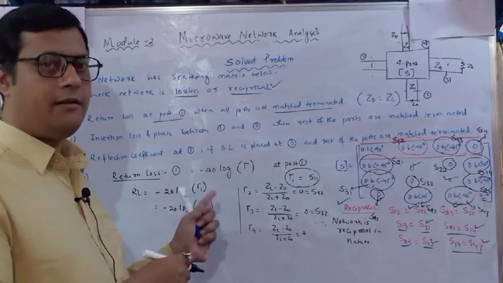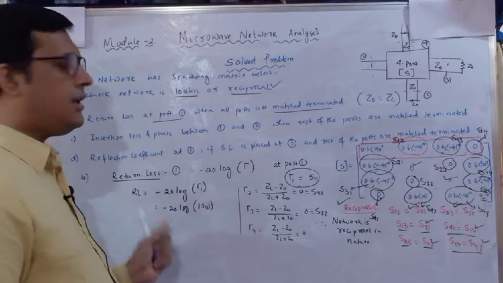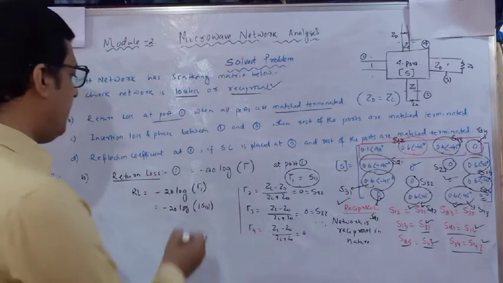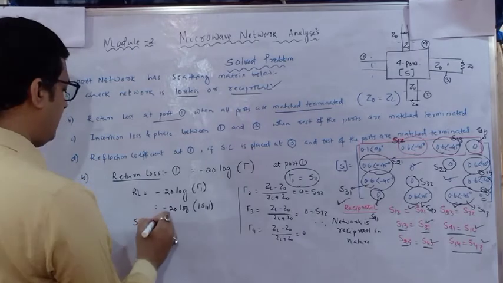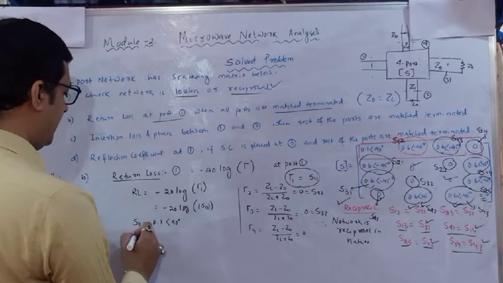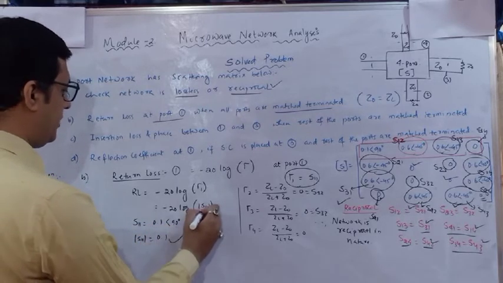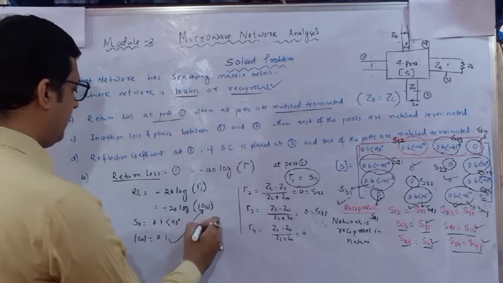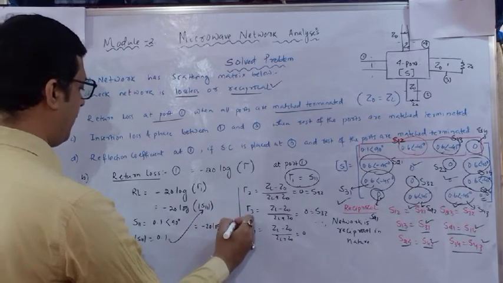So it is actually minus 10 log of something, so that square will come as minus 20 log. So in place of S11 you can substitute the value. S11 is equal to 0.1 angle 90 degrees. So mod S11 is equal to 0.1. Substitute this value. You will get minus 20 log of 0.1.